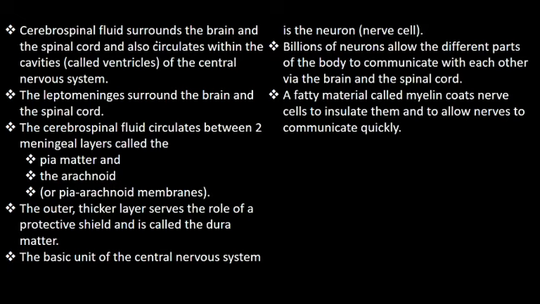Now, these are some important points that you need to know concerning the brain. Cerebrospinal fluid surrounds the brain and the spinal cord and also circulates within the cavity called the ventricle of the central nervous system.